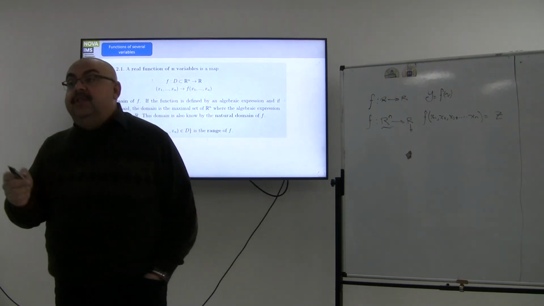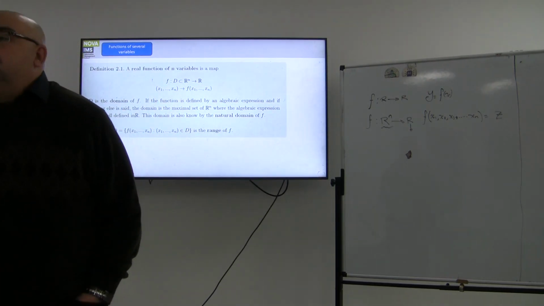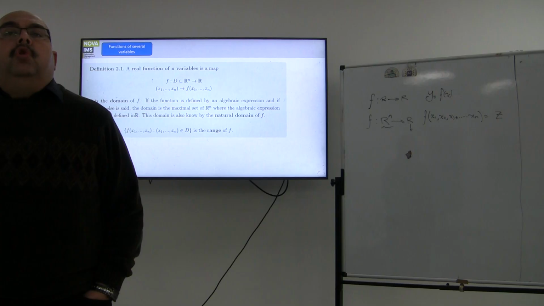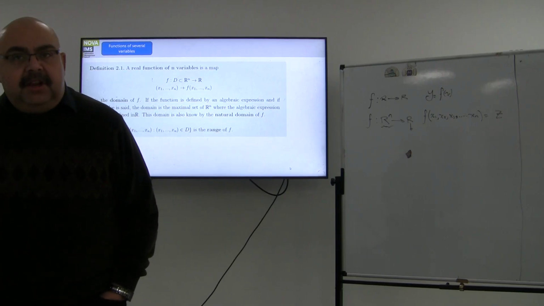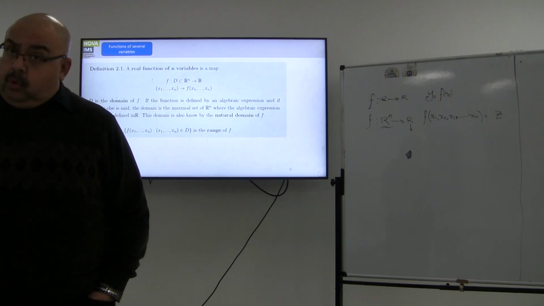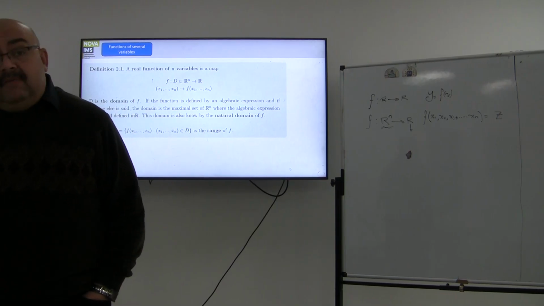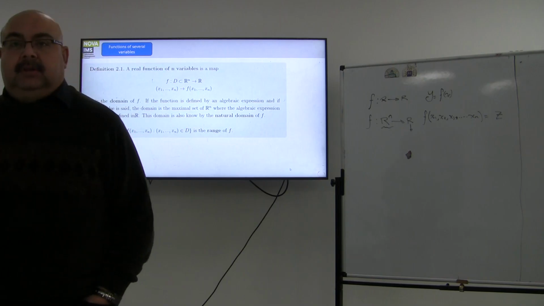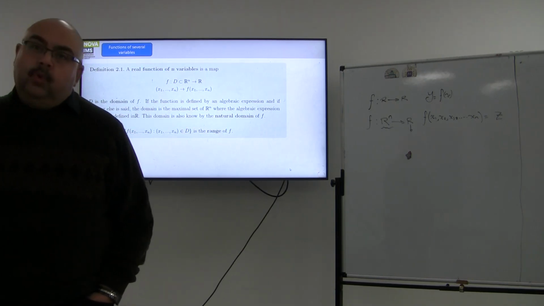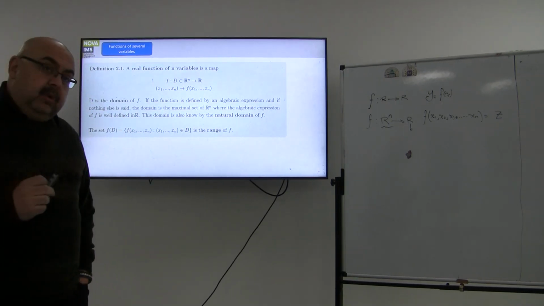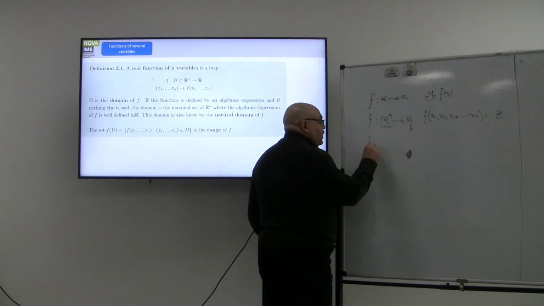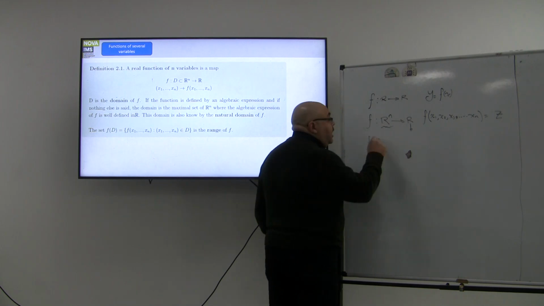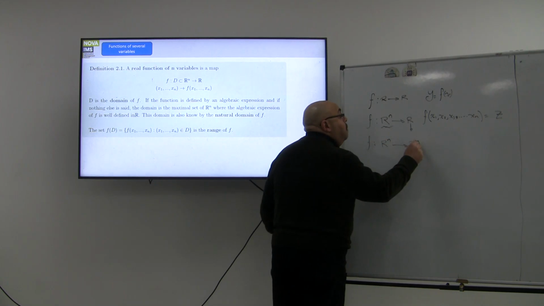There is another type of functions, which is called vector-valued functions. We talked about the case of just one variable and one output, and several variables and one output. What is going to be the case if f is mapping or translating elements from Rn into Rm?